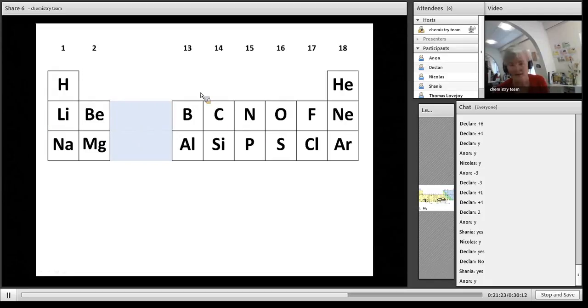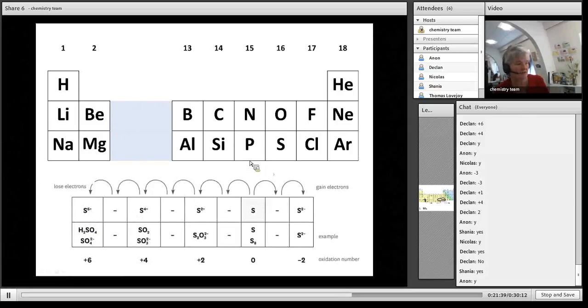Carbon, the highest possible number is 4. 1, 2, 3, and then 4, because we're back up there again. It's only got 4 electrons, so it can only lose 4, or it could gain 4. Now here's sulfur. Sulfur is either a free element, and the even ones tend to go in even numbers, the odd ones tend to go both odd and even.